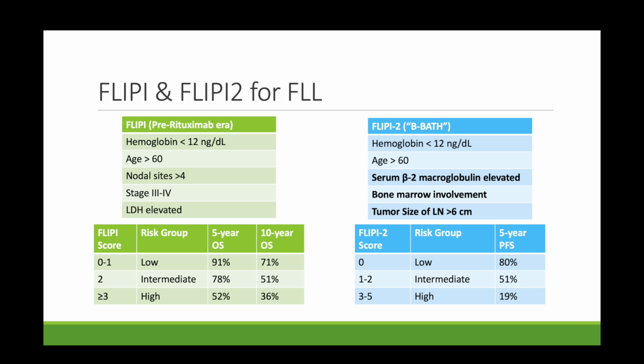In the era of rituximab, the FLIPI does remain prognostic. However, the FLIPI-2 system incorporates a few additional factors, and it was actually applied to a cohort that did receive chemoimmunotherapy. And so FLIPI-2 uses things like hemoglobin, age. They also add the serum beta-2 microglobulin level, bone marrow involvement, and tumor size greater than 6 centimeters.